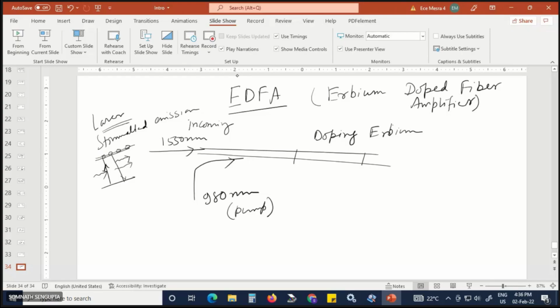So this fiber amplifier is a special kind of fiber where a region is doped with erbium ions. If light travels through this region, it is automatically amplified. So this hardware kit is there, and we will try to demonstrate this.